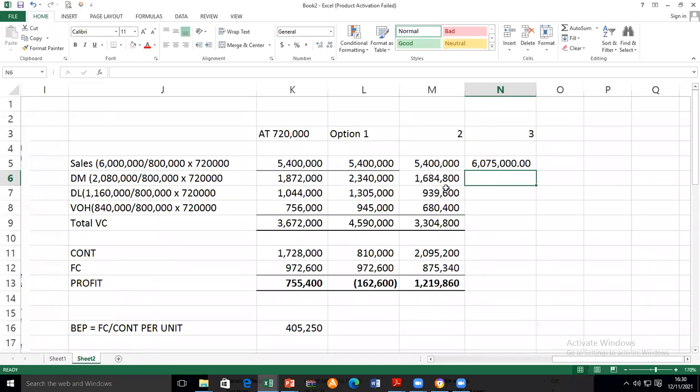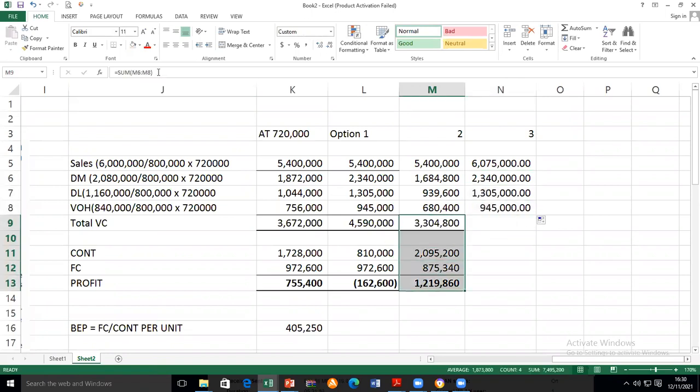Then what are we told about the variable costs? Variable costs. They increase by 25% as well. 25%. What are the fixed costs? What's happening there?